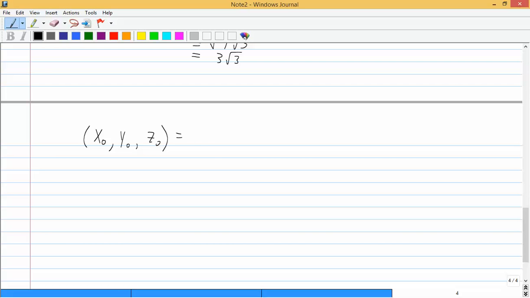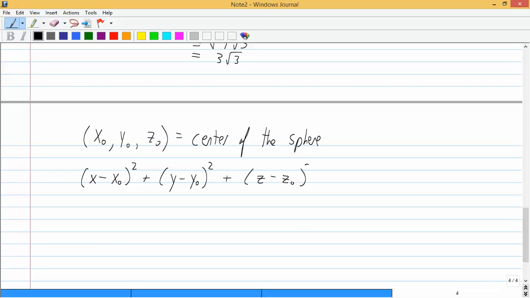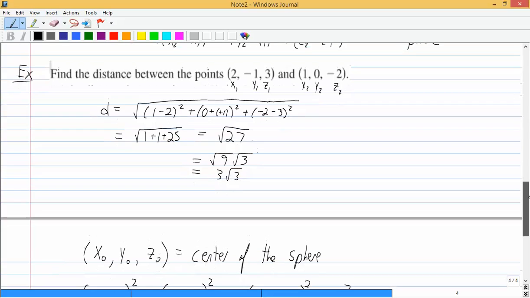We're going to call that the center of the sphere. Then the equation of our sphere would be x minus x sub o squared plus y minus y sub o squared plus z minus z sub o squared equals r squared.